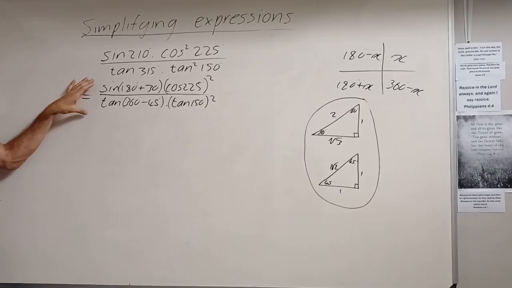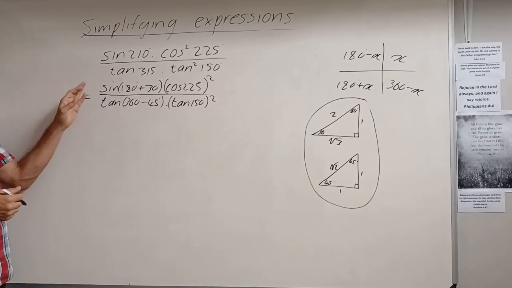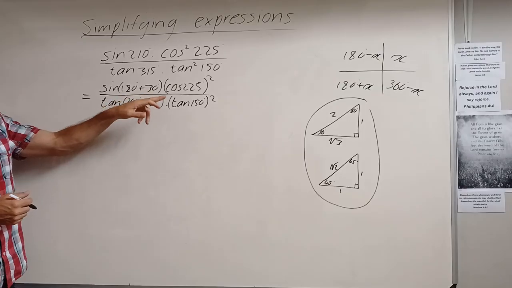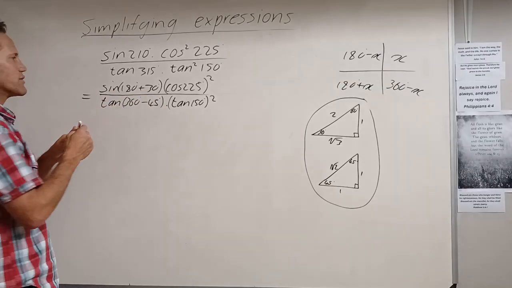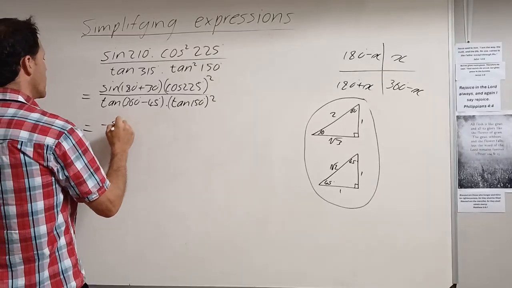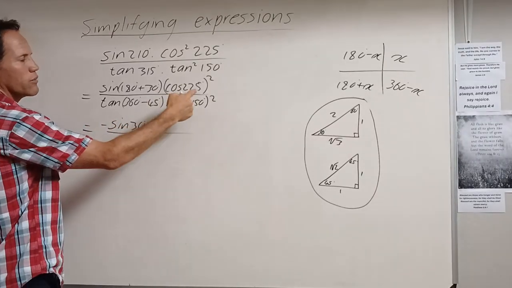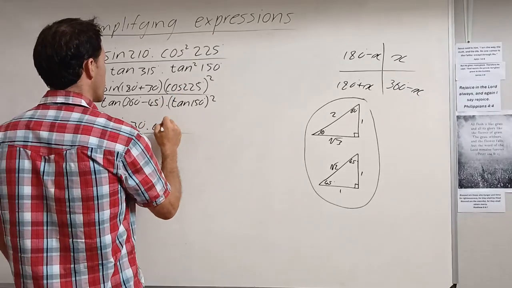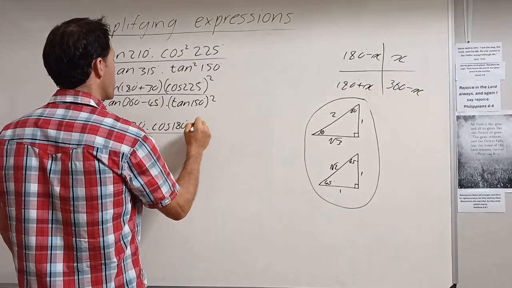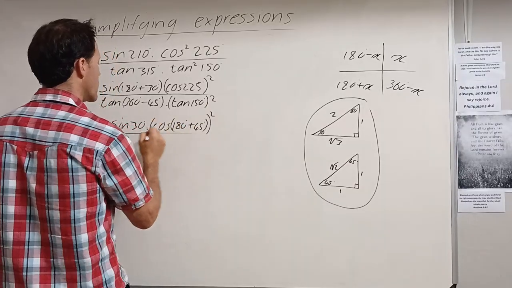Okay, we simplified, we sorted out most of the stuff for now. Now we can say 180 plus 30, third quadrant, negative. It becomes negative. Okay, so it's negative sine 30. This one, cos 225, is third quadrant, so it's cos 180 plus 45. So it becomes cos 180 plus 45, still squared.